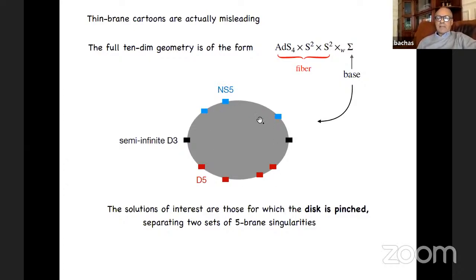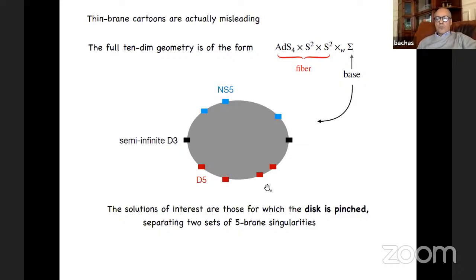And the Riemann surface is a disk for linear quivers, and the fiber degenerates in various places on the boundary of the disk, and the places have charges of either NS5 branes in blue or D5 branes in red, or asymptotic semi-infinite D3s, which are precisely the AdS5 cross S5 bulks. But you can also truncate this away by formally taking these D3 brane charges to 0.